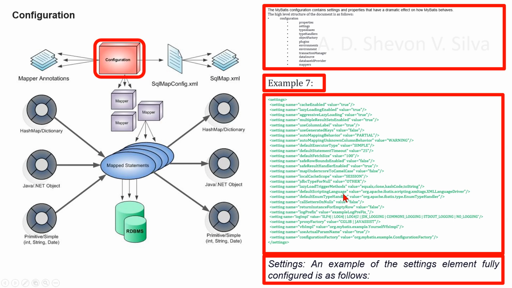Default scripting language specifies the language used by default for dynamic SQL generation. A type alias or fully qualified class name are valid values. Default is org.apache.ibatis.scripting.xmltags.XMLLanguageDriver.